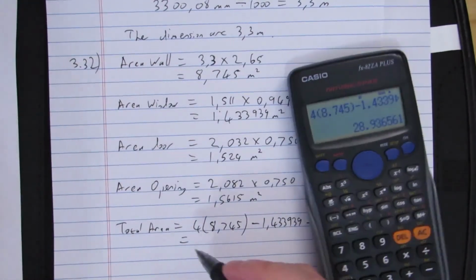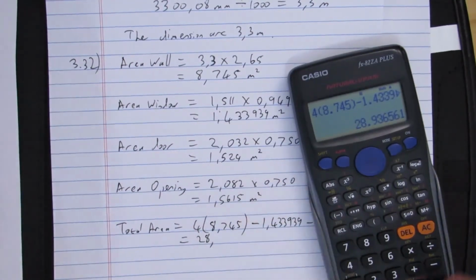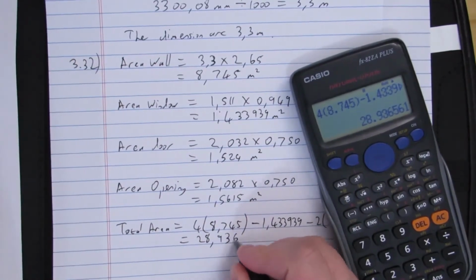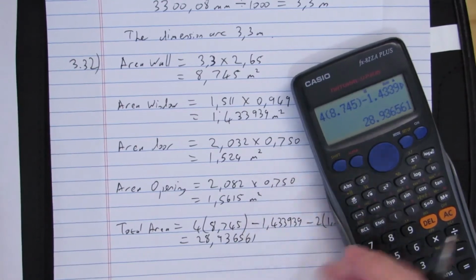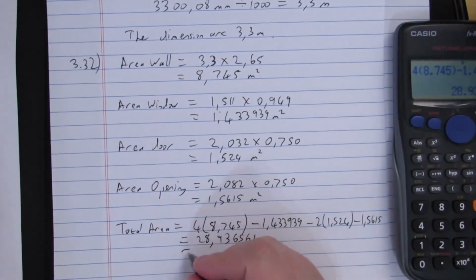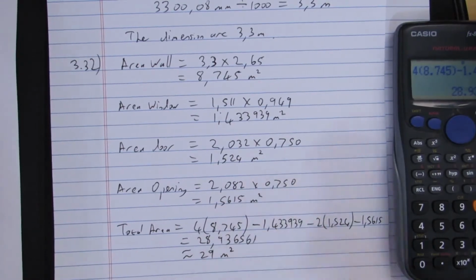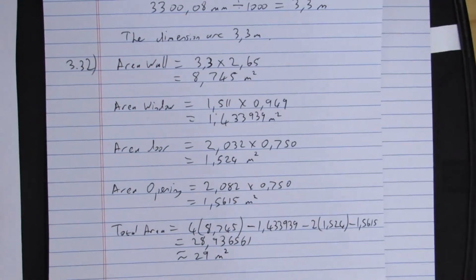Okay, so I get 28,936561. They wanted to the nearest meter. We round up. 29 square meters will be used for this part here.